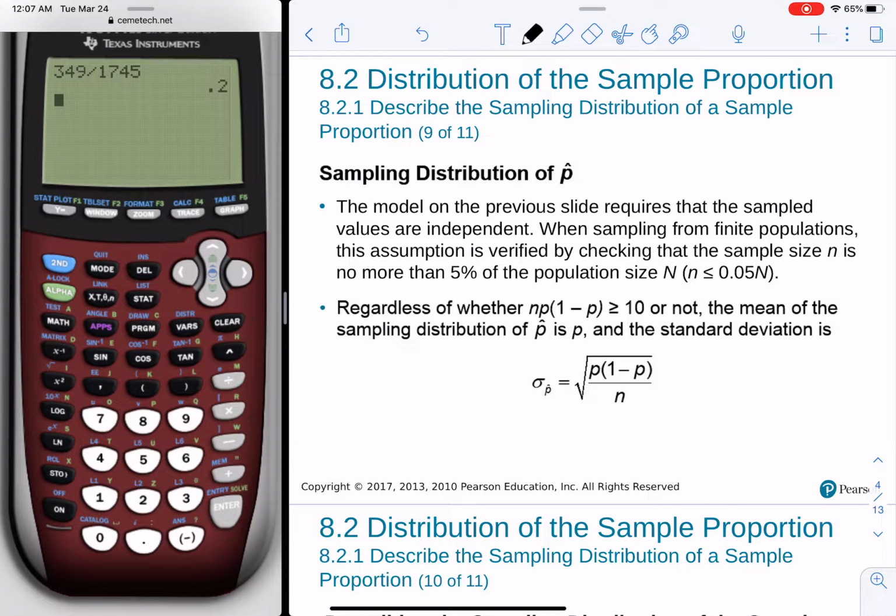That formula would work if the sampled values are independent. If we sample from finite populations, then typically the assumption will hold, and you can verify it by checking that the sample size is no more than 5% of the population size.